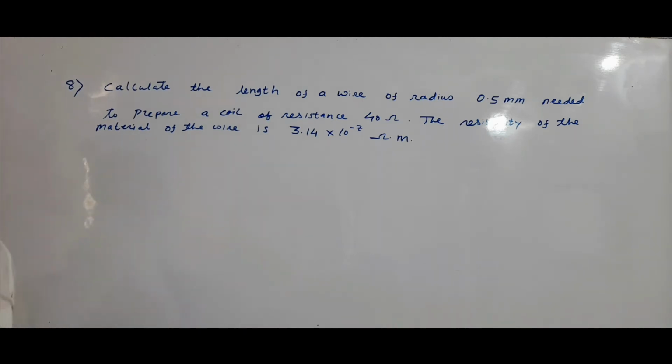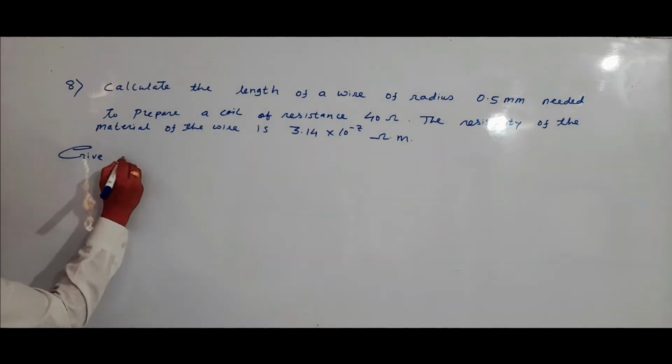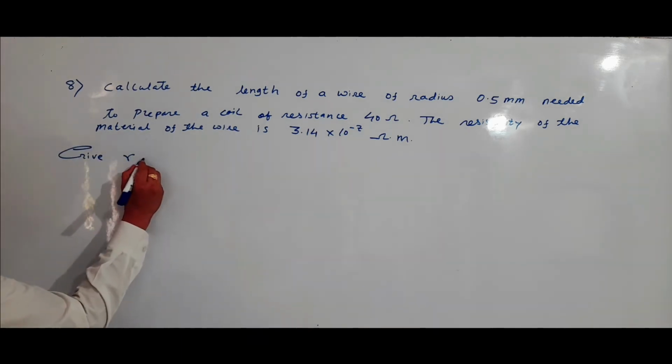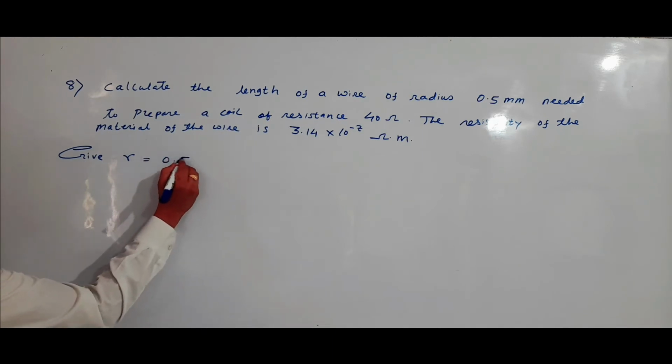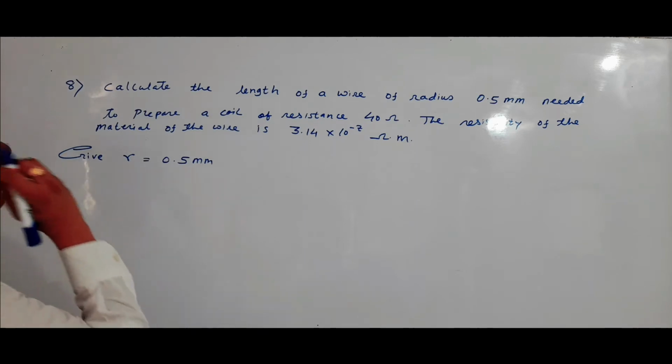Let's have brainstorming over the problem first. Calculate the length of the wire of radius, given small r, that is radius, is equal to 0.5 millimeter. The radius is given in mm.